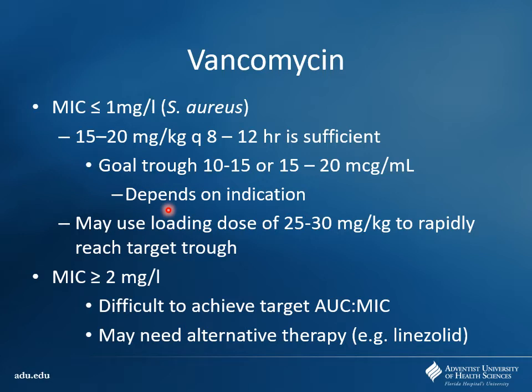For some infections, like a bacteremia, if I'm injecting the drug into the bloodstream, it's probably going to be able to treat that infection pretty easily. I can shoot for a lower trough. Versus the lungs are hard to penetrate, the brain's hard to penetrate, the bones can be difficult to penetrate. I'm going to shoot for higher levels in order to get the higher concentration at the tissues to actually treat that infection. So just know that your goal troughs can range depending on the type of infection.